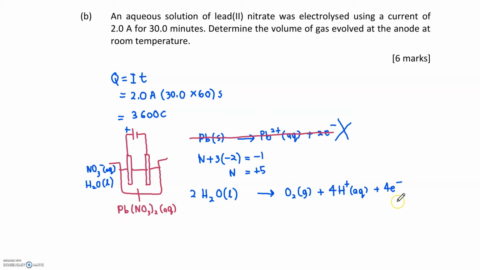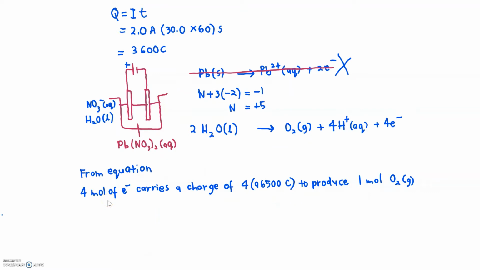From the equation, we can see that 4 moles of electrons, which carries a charge of 4 Faraday, will produce 1 mole of oxygen gas. 1 mole of electron carries a charge of 1 Faraday, and 1 Faraday is equal to 96,500 coulomb.